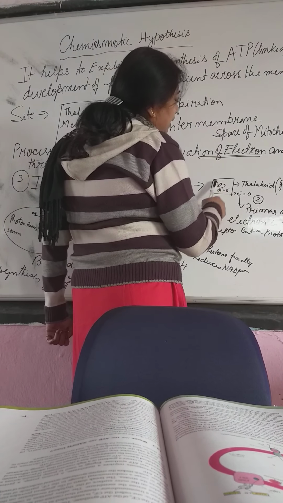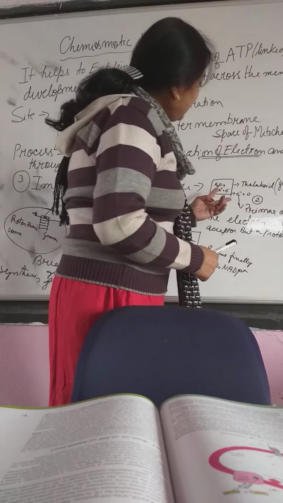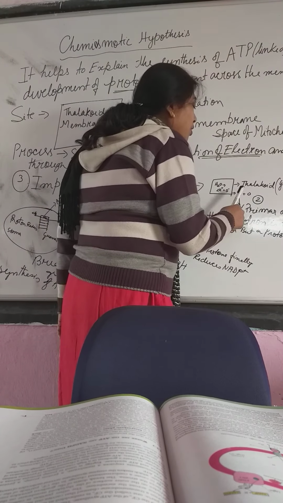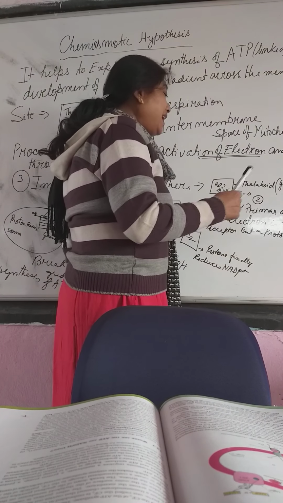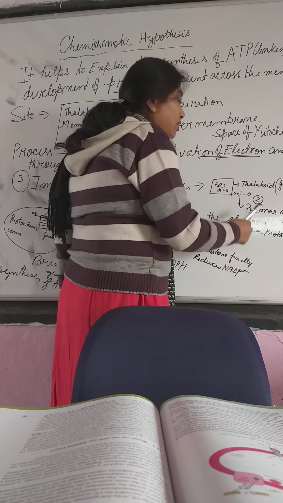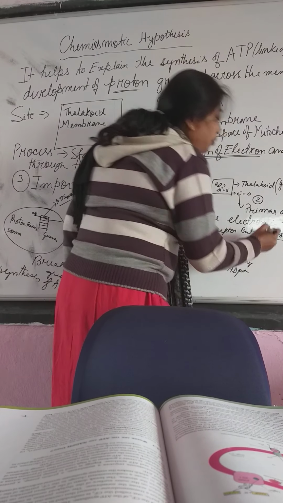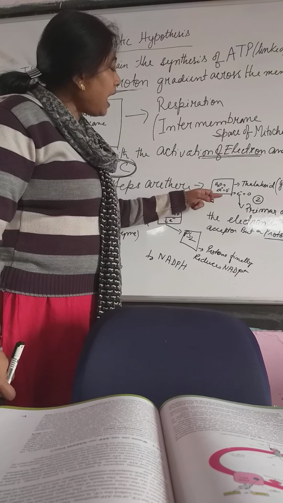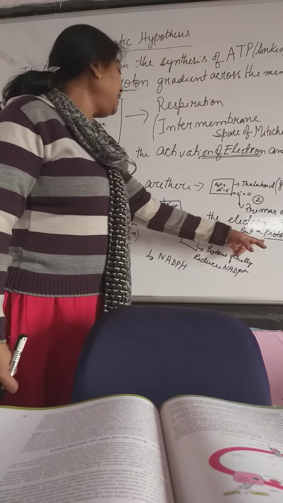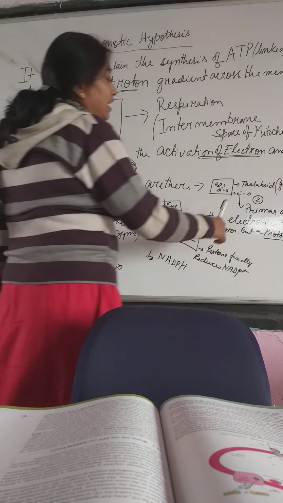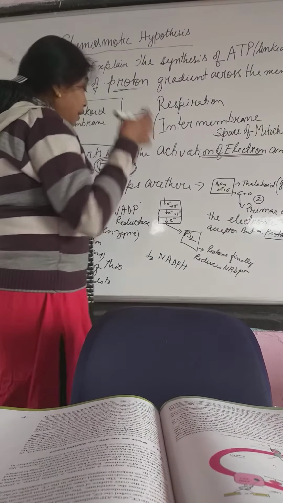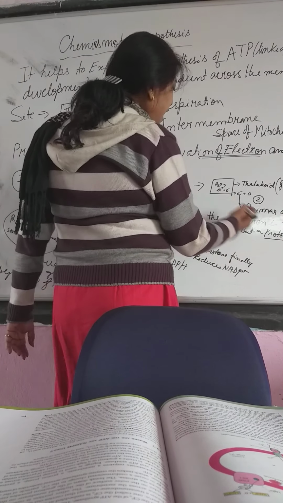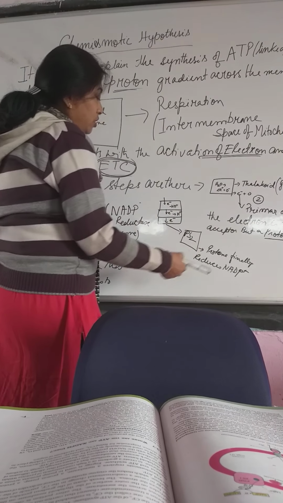Inside the lumen, once it is electronically charged, the hydrogen and the oxygen are there, this electron is accepted not by an electron acceptor, but by a proton carrier. That means this hydrogen has to go out, but the acceptor is not an electron acceptor, but a proton carrier. So in this case, the hydrogen has to be removed, and here hydrogen is called a proton.